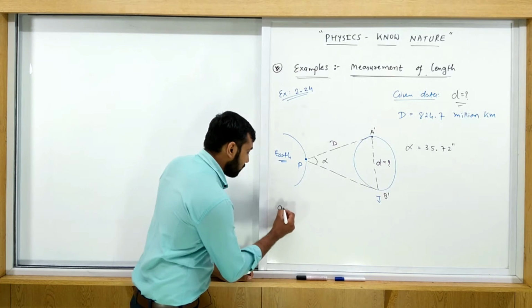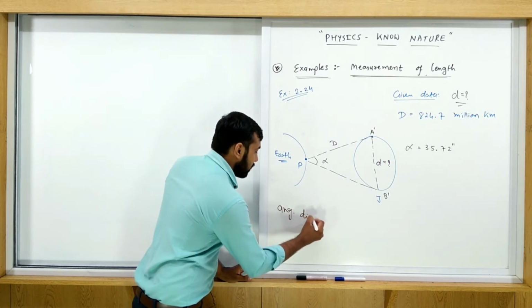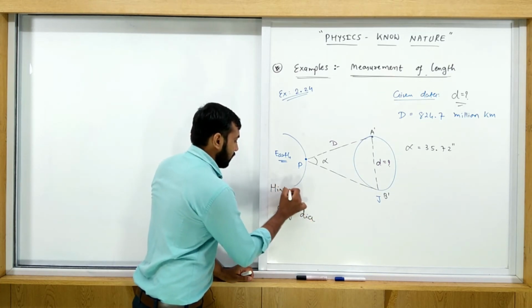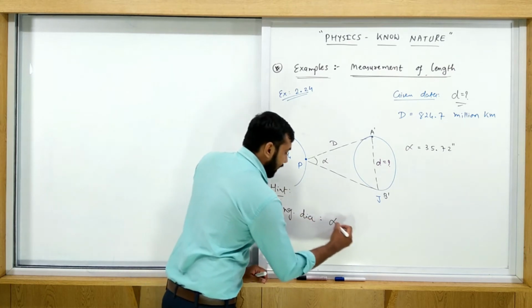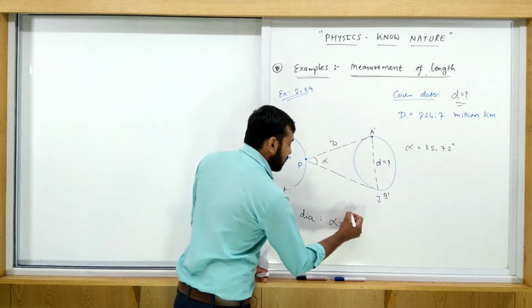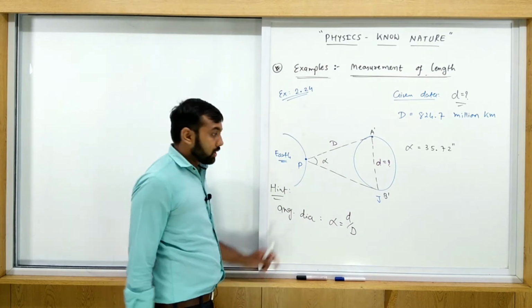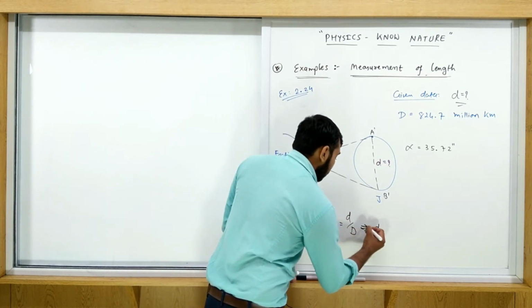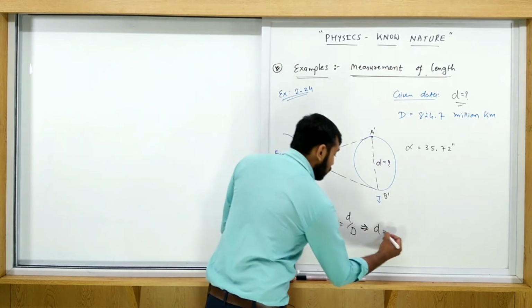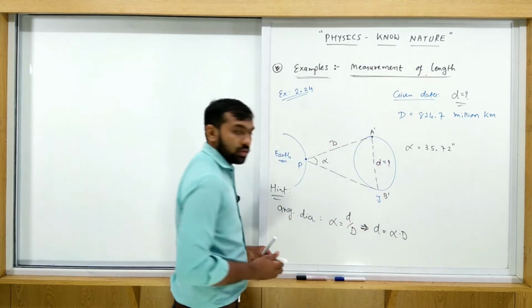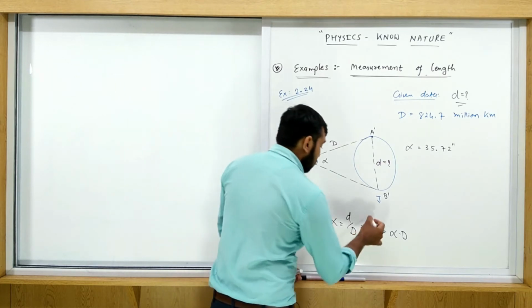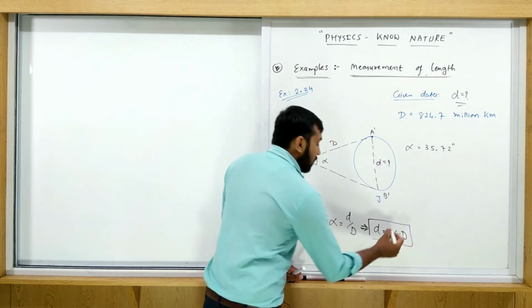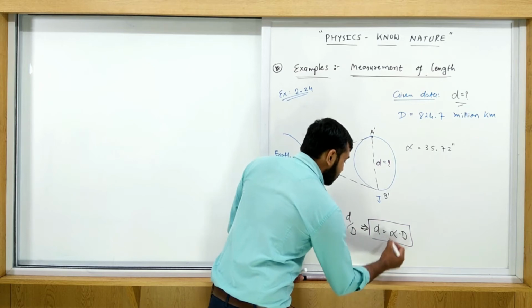So angular diameter, that is a hint, angular diameter alpha is equal to d by capital D. We want d, so find d from this one. So d is equal to alpha into D. In this relation, we find the answer. But what is the problem? Problem is this one. Alpha must be in radian.